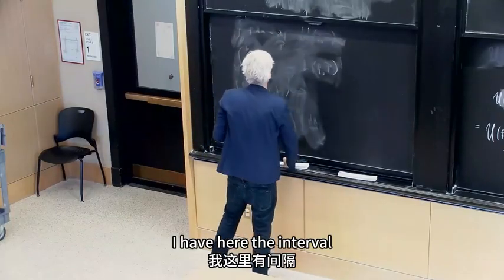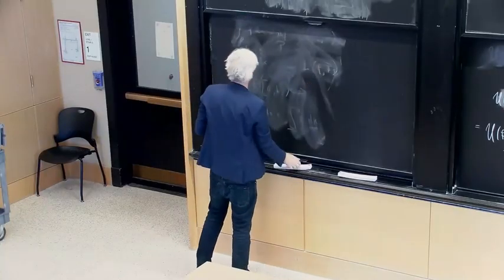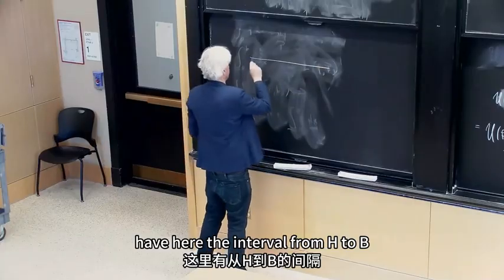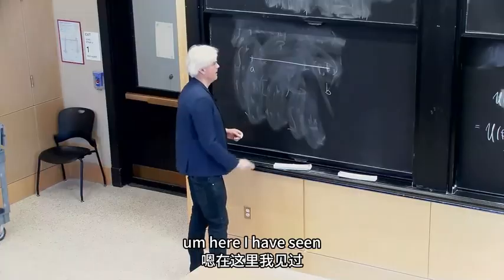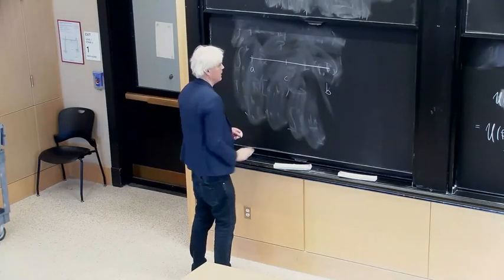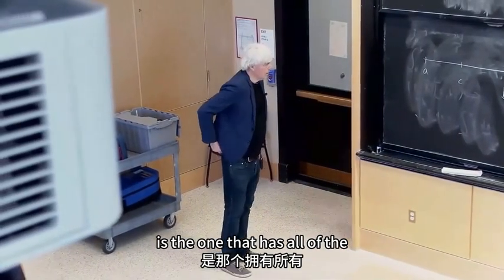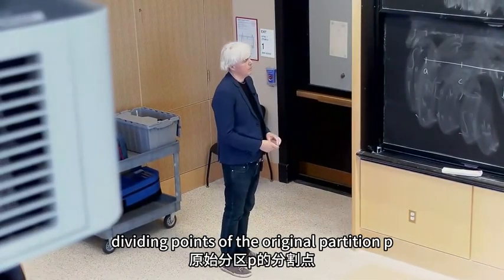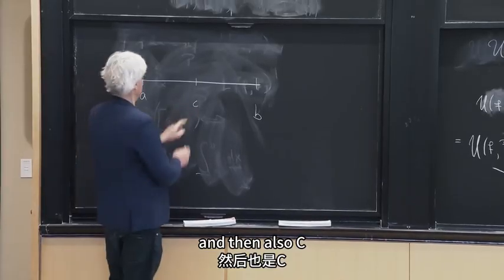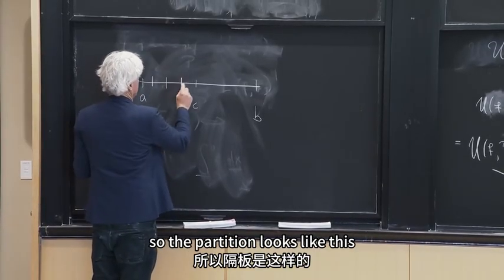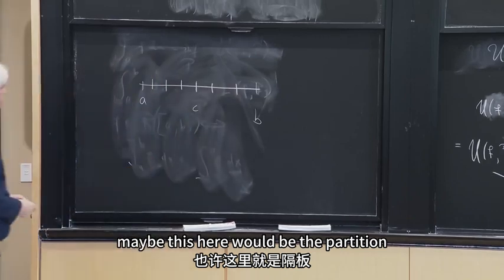I have here the interval from A to B. Here I have C. And the star partition is the one that has all of the dividing points of the original partition, P, and then also C. So the partition looks like this.